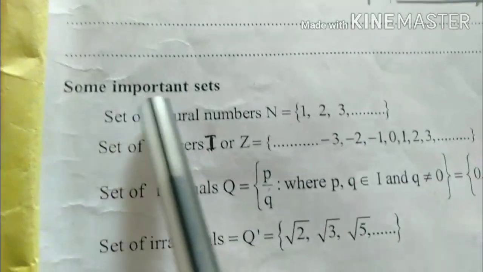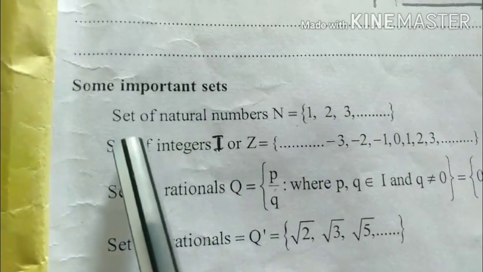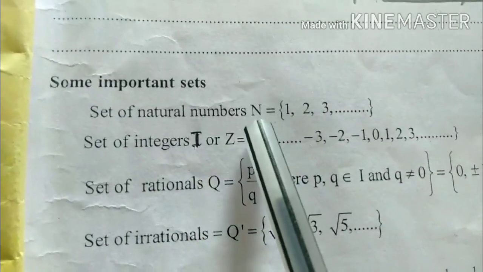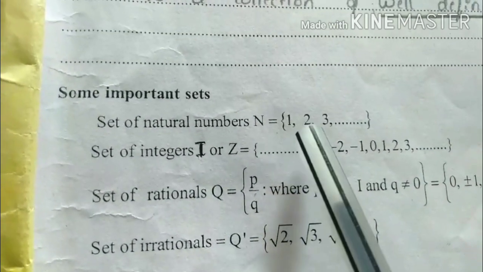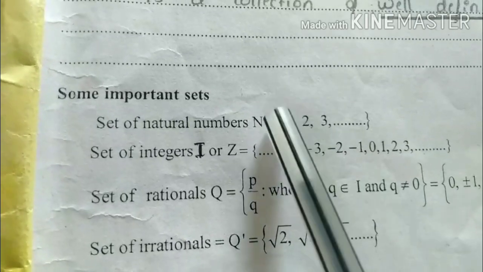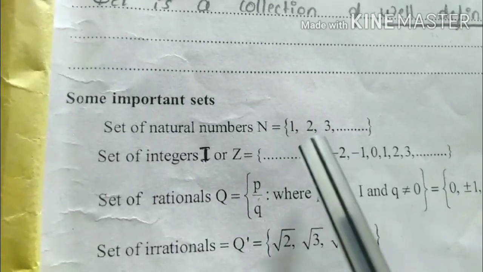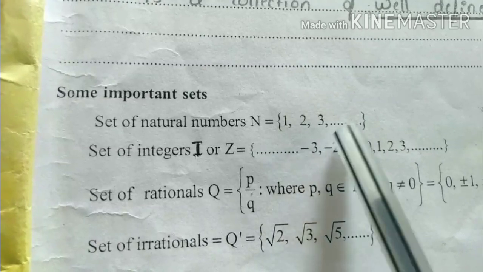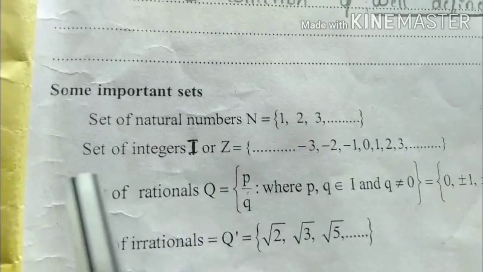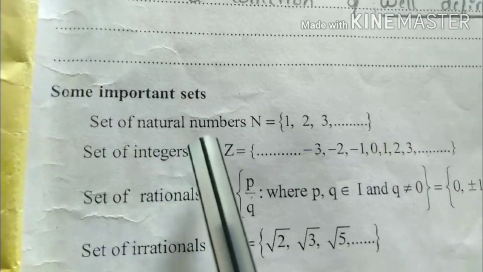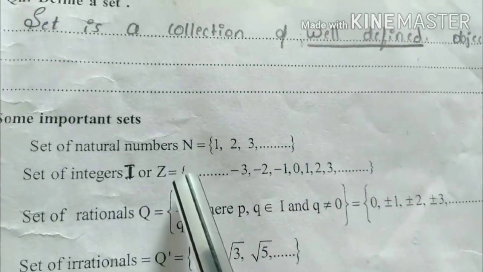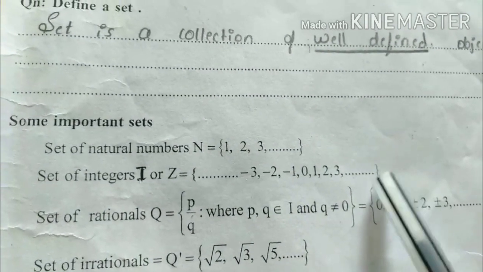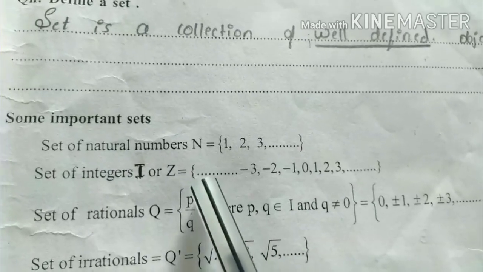Some important sets are the set of natural numbers, denoted by capital N, which is equal to the counting numbers only within the flower brackets: 1, 2, 3, dot dot dot, etc. The set of integers, denoted by capital I or Z, is also an infinite series.